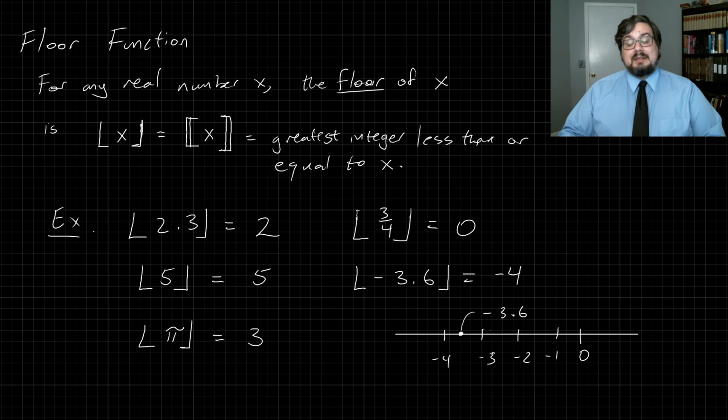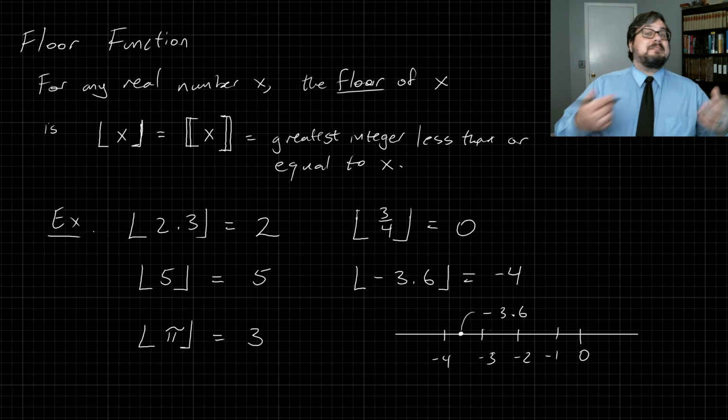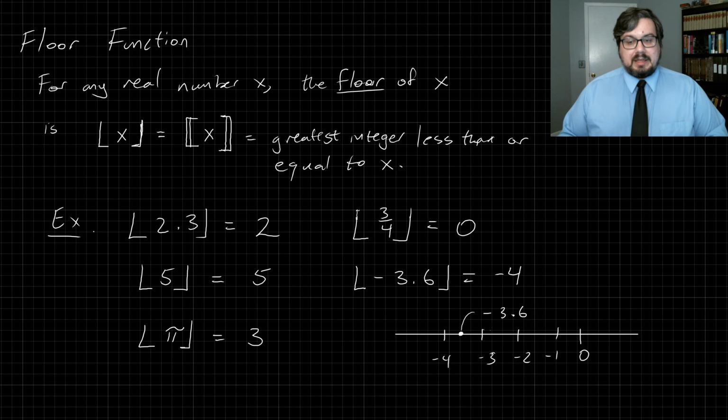And when we're working with negative numbers, that means that the floor of -3.6 is -4. The floor of -7.1 would be -8, and so forth. So this is the floor function.